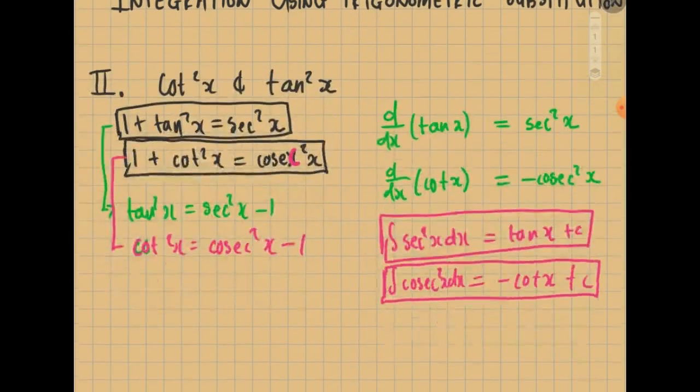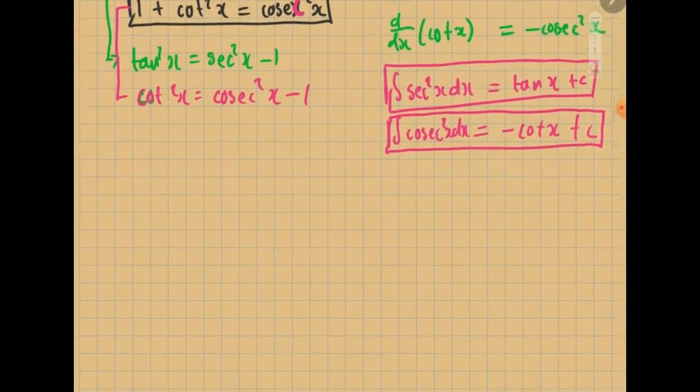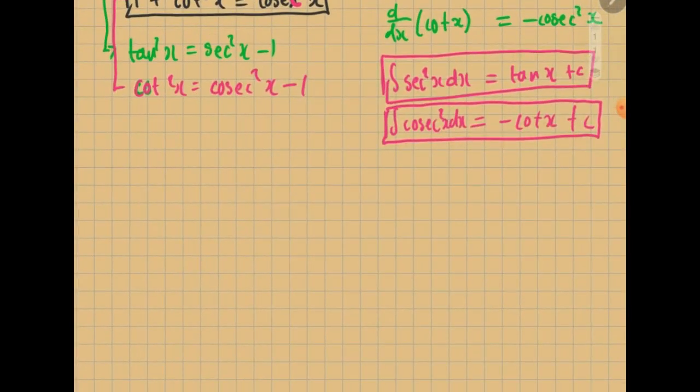So if I do an example real quick, say I have the integral of 5 tan squared 3x with respect to x, and I've been asked to determine this. The moment I see a tan squared, I remember the identity must be used, because I have the integral of the other guy.